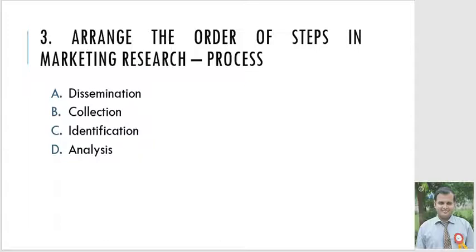Marketing research process is a very detailed phenomenon, but in a short way we can say we have to identify first of all, then collect the data, then analyze it, and disseminate the information to the required departments.